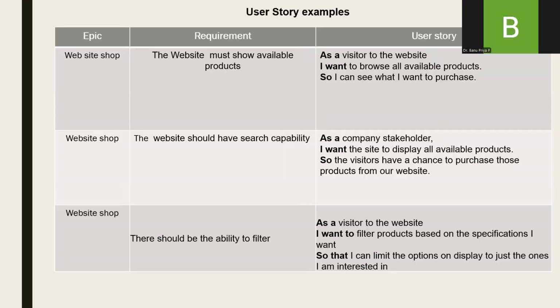Now let's take some user story examples. So here if you see, the website must make the products available. So what is the user story here for a website shop? As a visitor to the website, I want to browse all the available products so that I can see what I want to purchase, right?